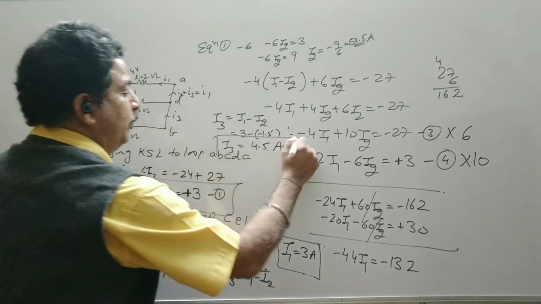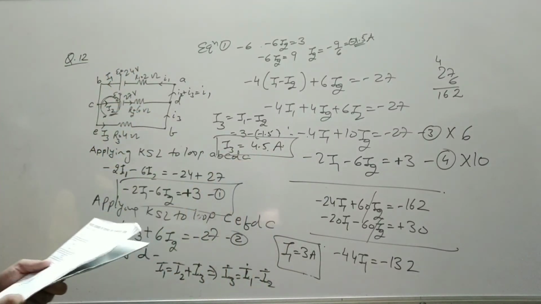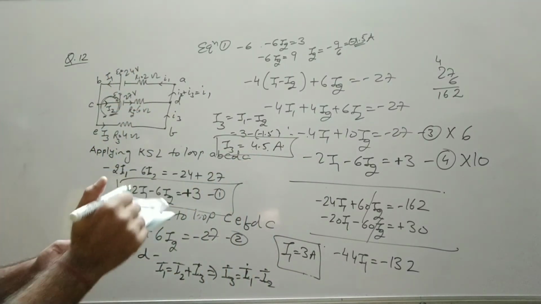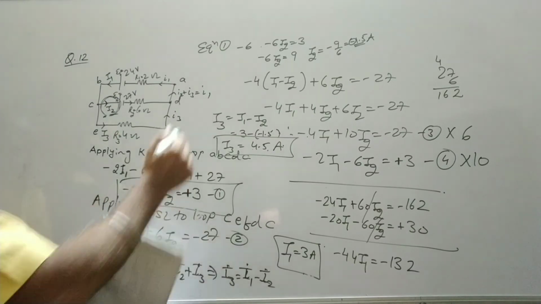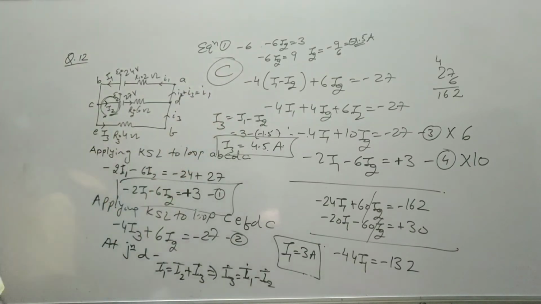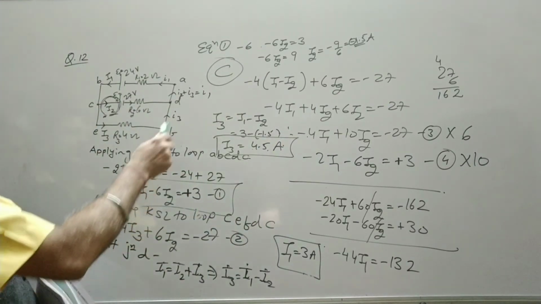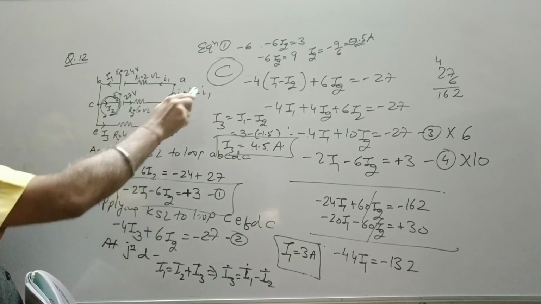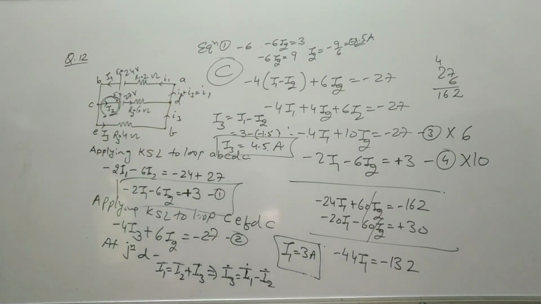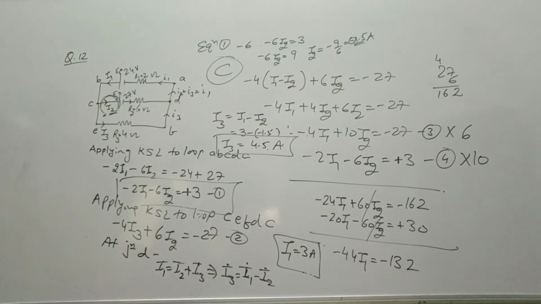So I3 should be equal to 4.5 ampere. That is option number C. So you do this calculation in a proper manner: first half, second half, the junction rule, and then the mathematical calculation.